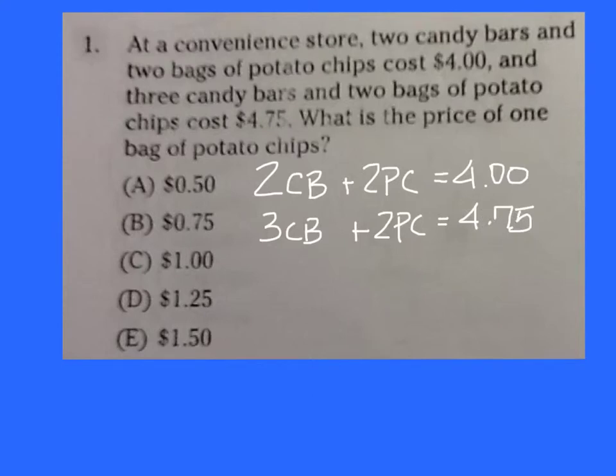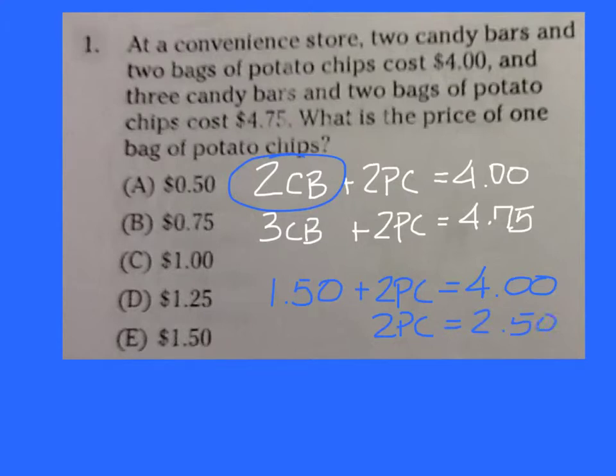So if a candy bar is 75 cents, 2 candy bars is how much? $1.50, and then 2 PC equals 4. If I subtract $1.50 from 4, I come up with what? $2.50, and then half of $2.50 because you're dividing by 2 from this here. Be D.